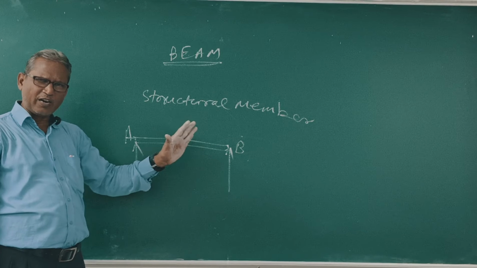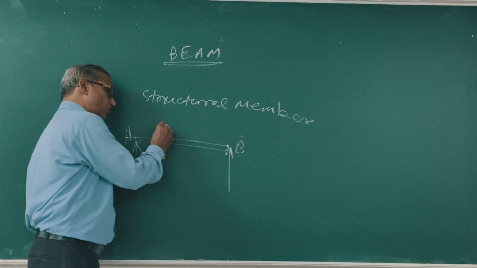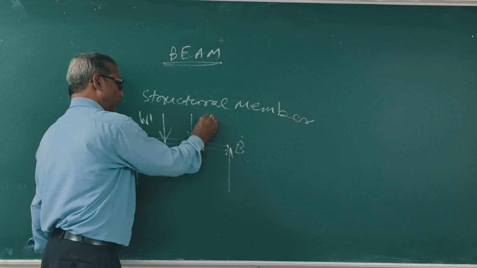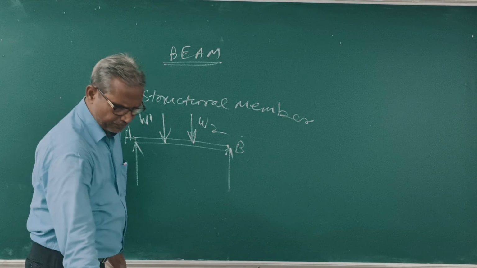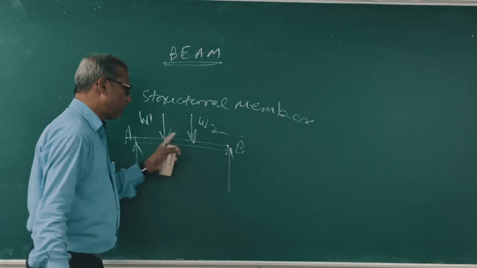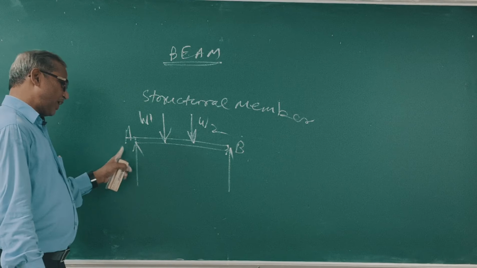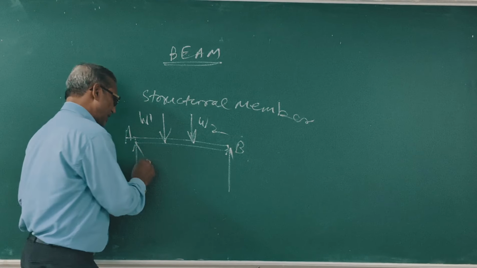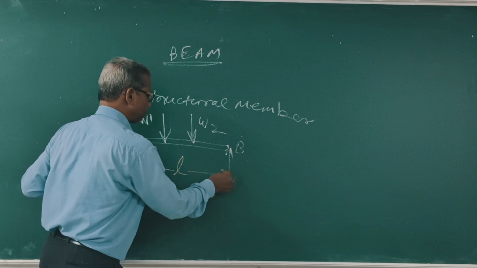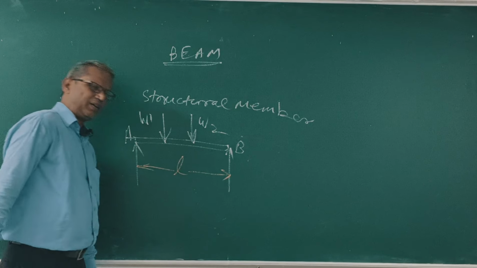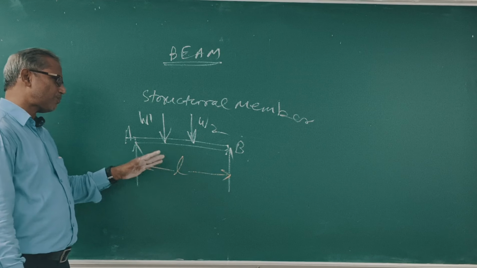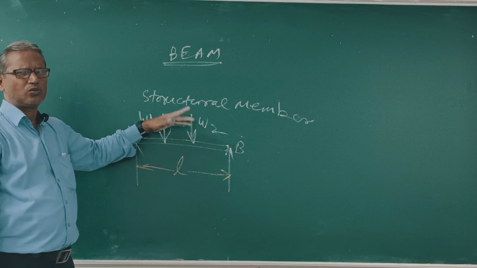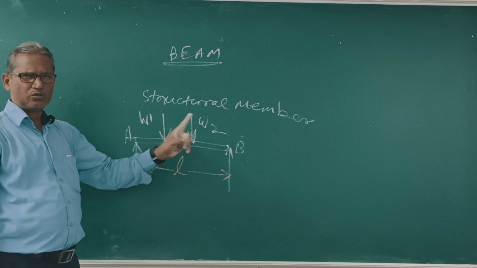It is usually loaded in the vertically downward direction. This is load W1, W2. Clear? Load W1, load W2, support A, support B. Its length is L. Its main purpose is to take the loads W1, W2.